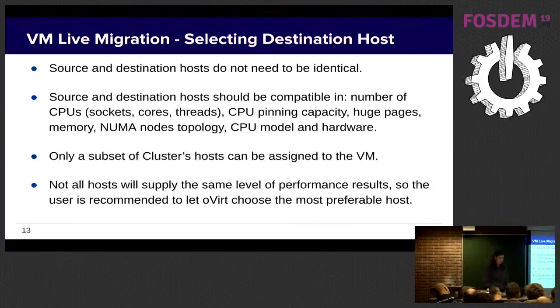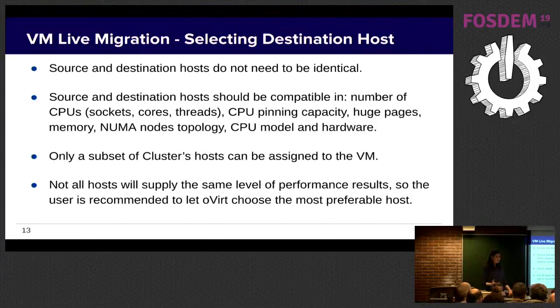Now, because they should be compatible, the list of hosts that can be supported as a destination host for the VM is limited. There is a subset of cluster hosts in comparison to a regular server VM, for example. And another thing to consider is that not all those hosts that are compatible and the VM can run on will supply the same level of performance results, because it depends on the load that the hosts have at that moment, the free memory that is left on those hosts.